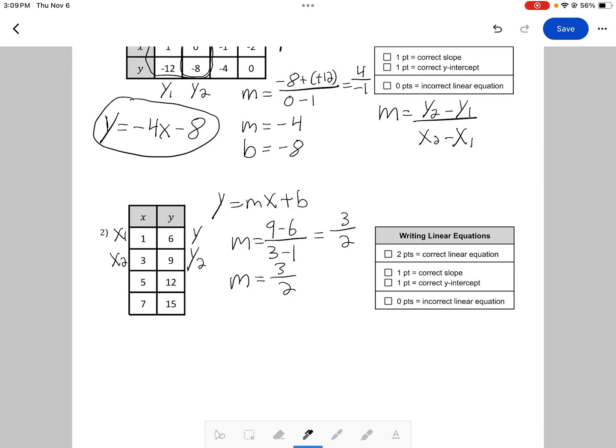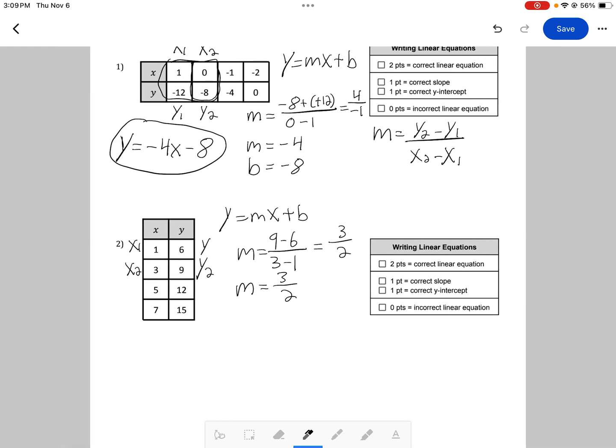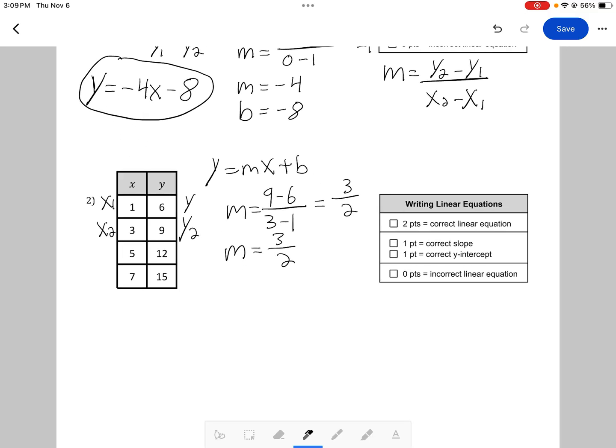Now my y-intercept I have to find a little bit differently this time since I don't have x is 0. So now I'm going to have to use this first set of ordered pairs, and I'm going to plug it into my y equals mx plus b.